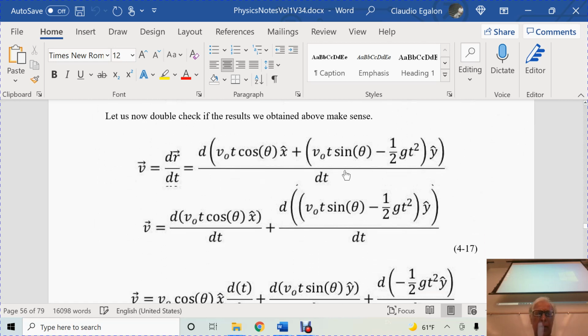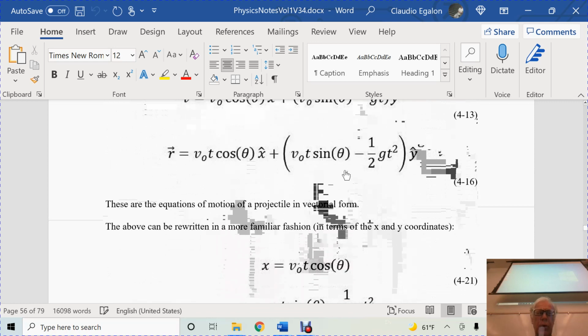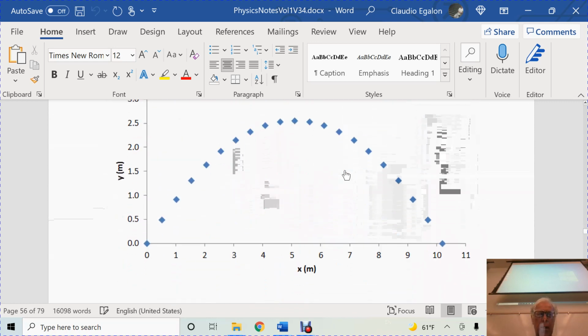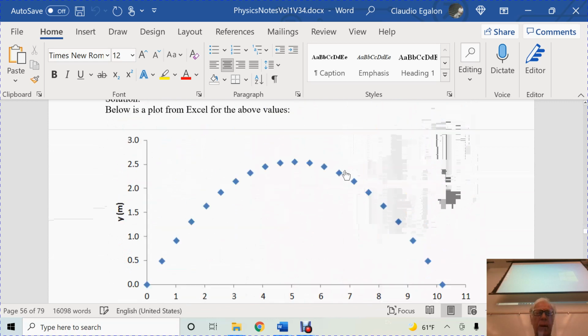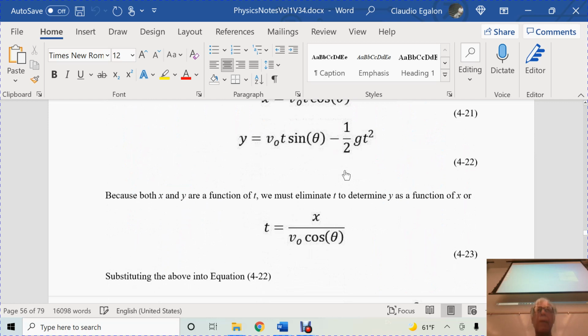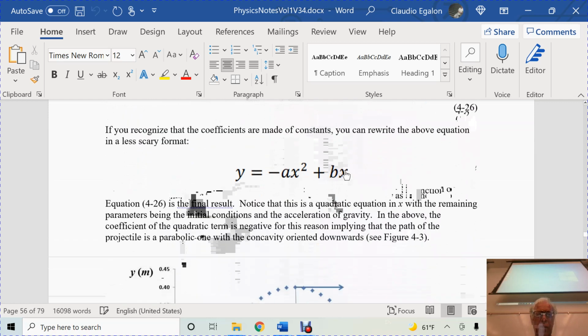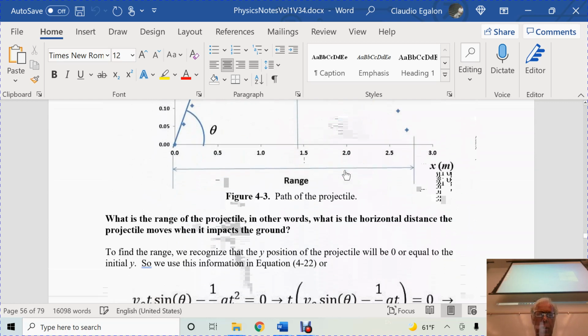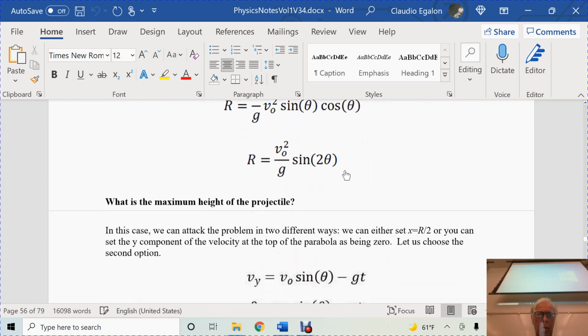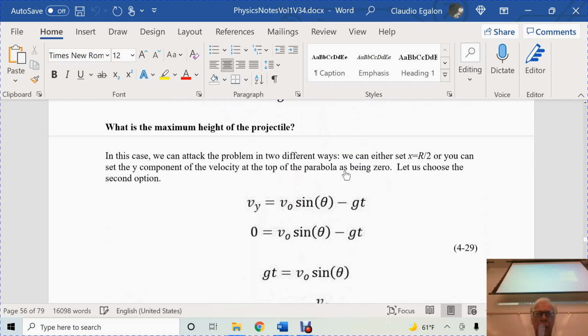This I plotted in Excel with those equations that I derived. Here you go, equation maximum height.